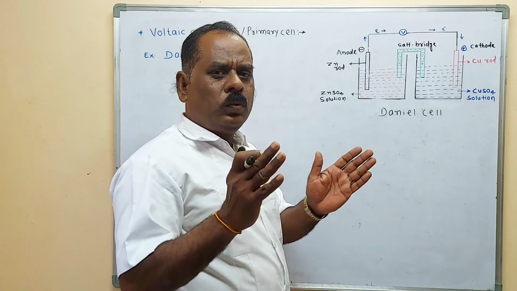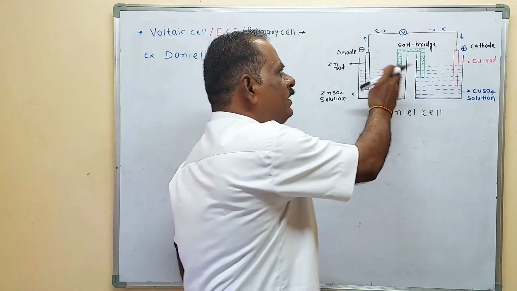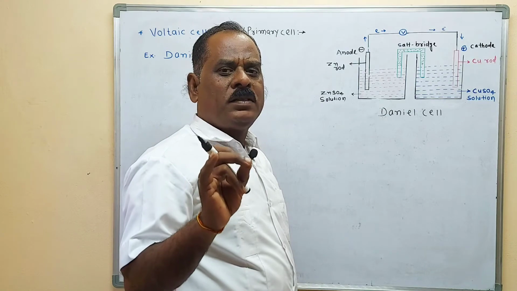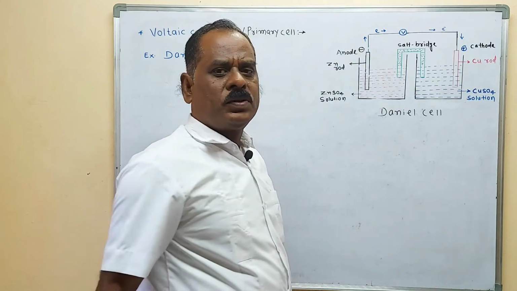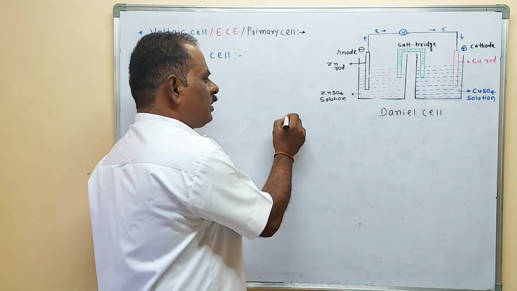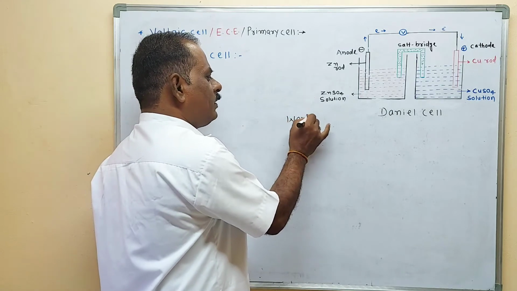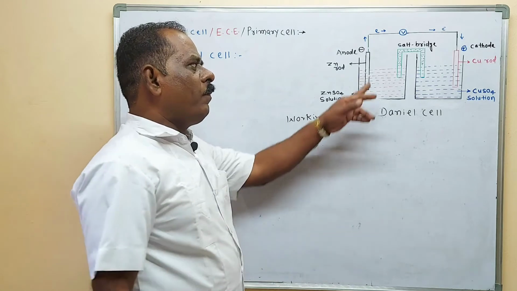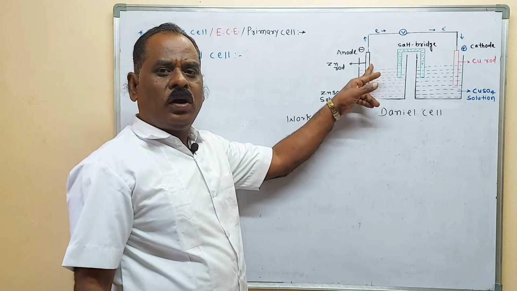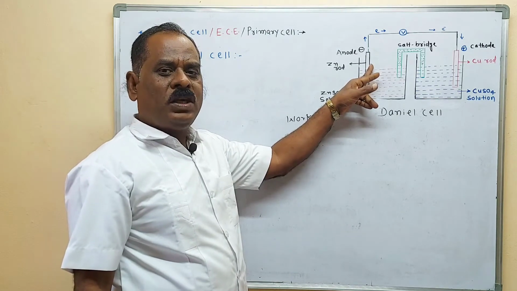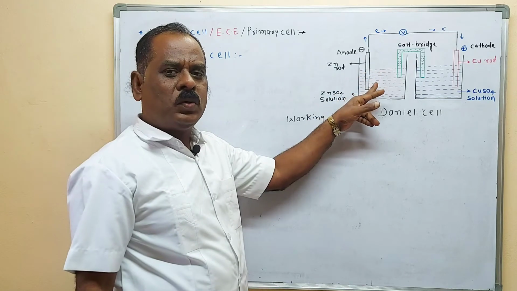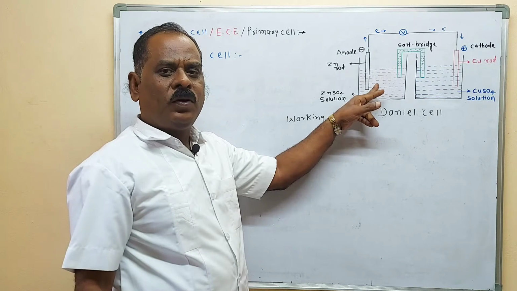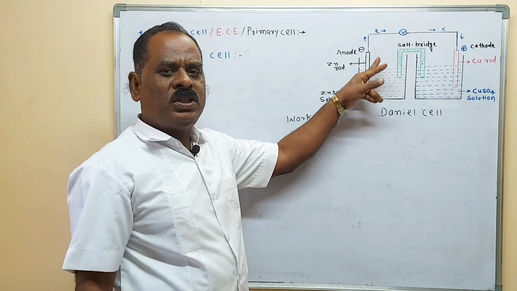When these two half cells are connected with the salt bridge and metallic wire, then chemical reaction takes place on the respective electrodes. What is the working? This is the construction. The working of this cell is, when you connect these two rods, remember an important point: the zinc rod has more tendency to form ions in its own solution by losing electrons. Therefore, an oxidation reaction takes place on the zinc rod.